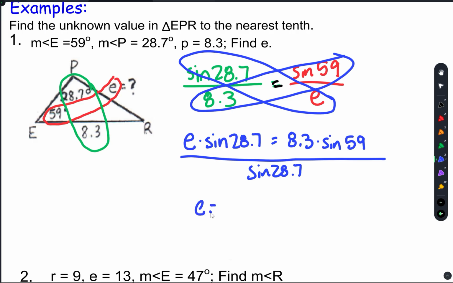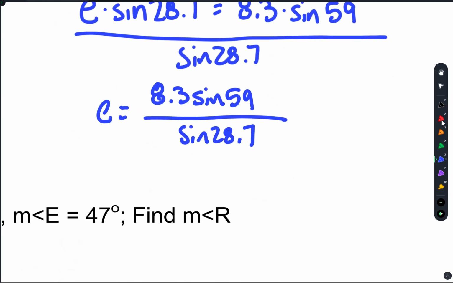I don't need an inverse. So this is E equals 8.3 sine 59 over sine 28.7. Now we're going to put this in your calculator. Here are some things you need to know when you put this in your calculator. Anytime you type a trig function, you get a parenthesis, right? So you should always be closing that parenthesis. Then, anytime we do a fraction, we should also be putting the numerator in parentheses.